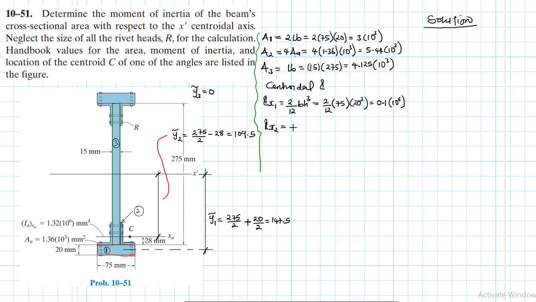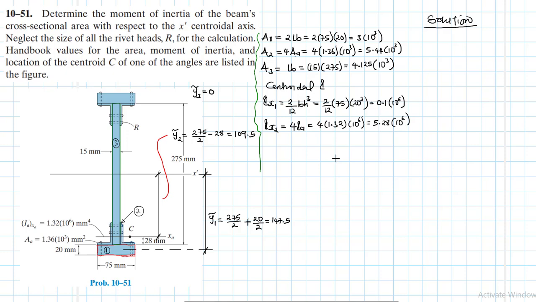So this is going to be equal to 4IA, which is equal to 4 times 1.32 times 10 to the power 6, which just gives us 5.28 times 10 to the power 6.